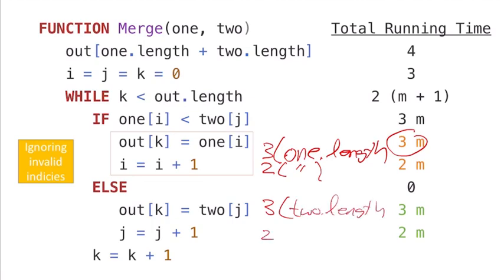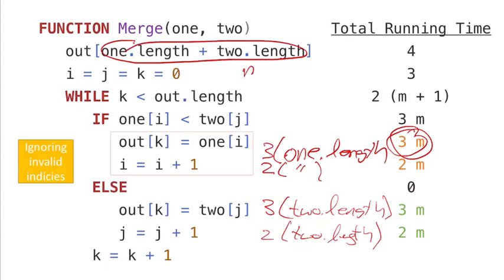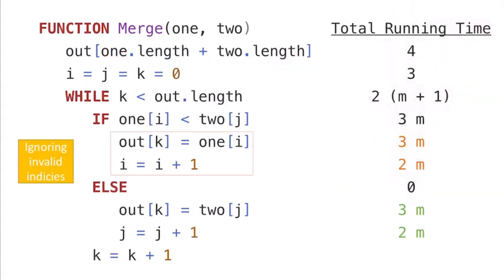Sorry, 3 times 2 dot length, and this is 2 times 2 dot length. But what do we know about 3 times 1 dot length plus 3 times 2 dot length? That's the same thing as just saying 3 times m, because m is going to be 1 dot length plus 2 dot length. Maybe it makes sense to inside here put m is equal to 1 dot length plus 2 dot length. Maybe that's an adjustment I'll make in my slides.